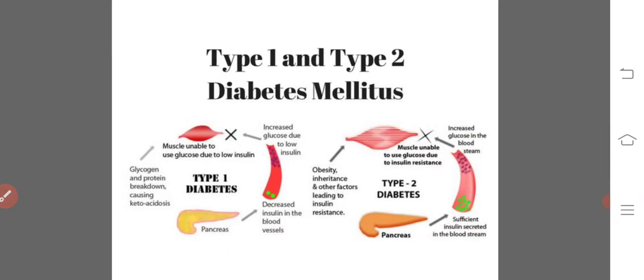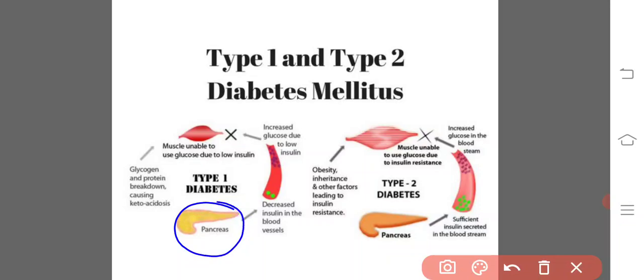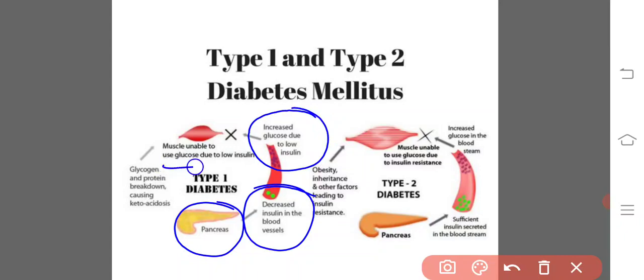Here you can see an illustration of type 1 diabetes and type 2 diabetes. In type 1, the pancreas shows decreased insulin in the blood vessels and thereby increased glucose due to low insulin, and the muscle is unable to use glucose due to low insulin. Here you can see glycogen and protein breakdown causing ketoacidosis.